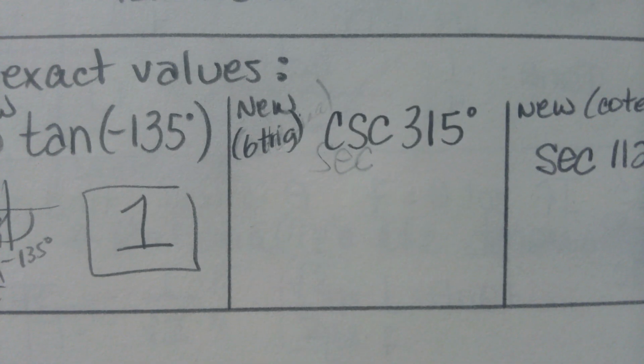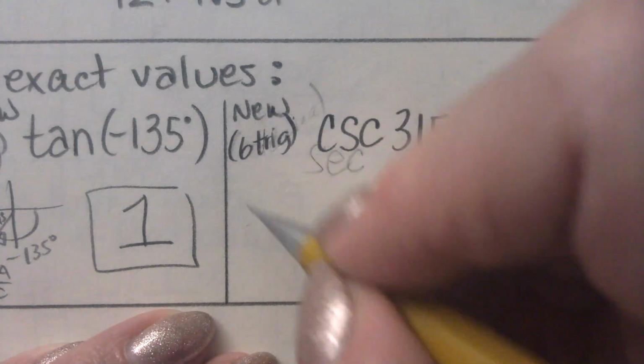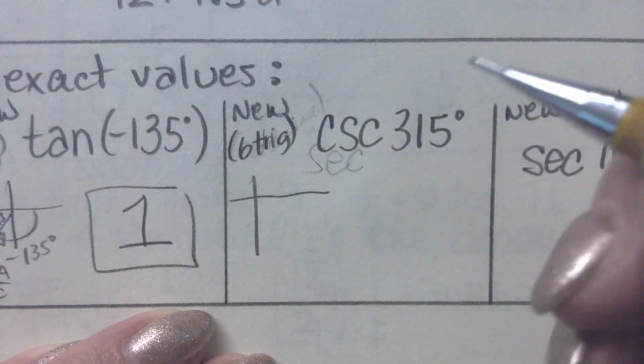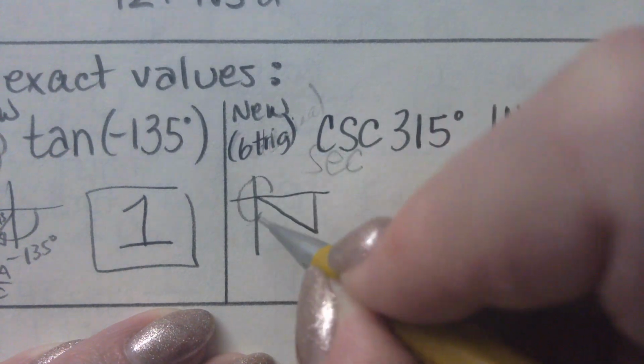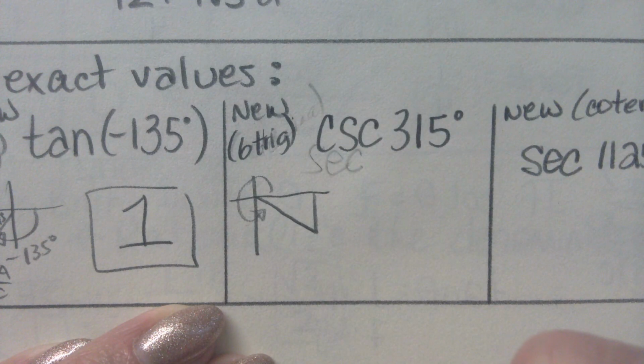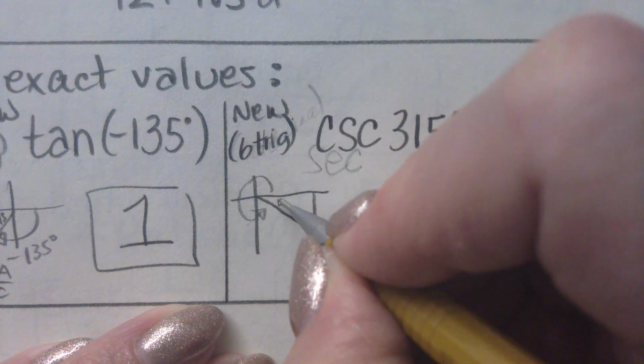Cosecant, 315. So where is 315? Quadrant 4. So if that's 315, what's left over? 45.